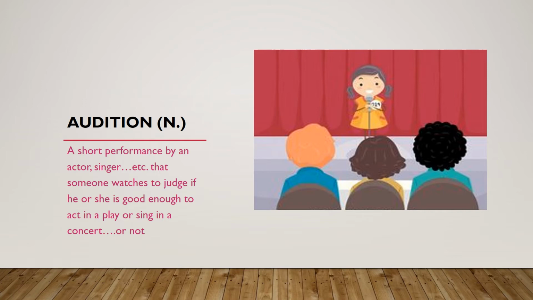They see if this audition is good or not. Usually actors and actresses, before they get the role in a play or in a movie, audition for this role first, and then the judge sees for himself if this person is good enough or not. Audition can be a noun and can also be a verb.